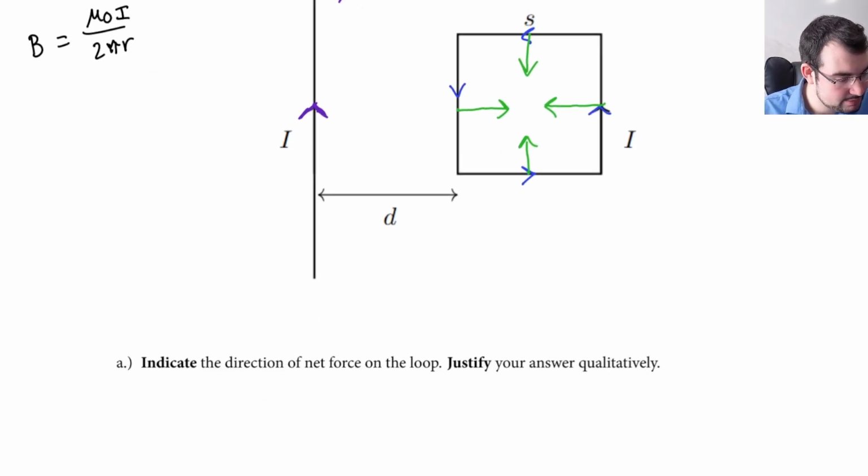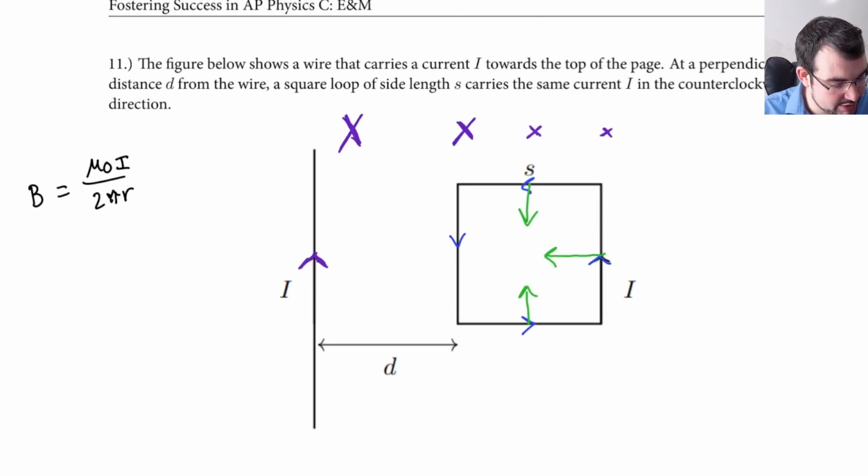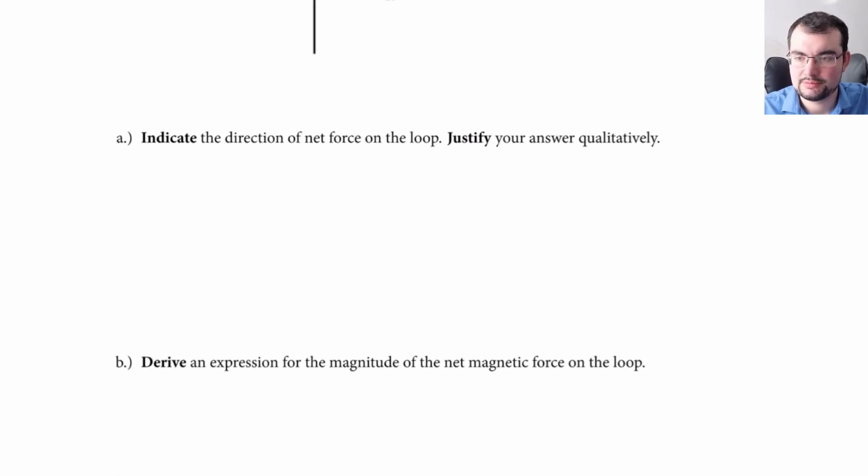So we actually know that the leftward force, this is the close side, is going to be the largest. Then the force on the far side will be the smallest. And then you'll get a medium, equal and opposite cancellation top and bottom. So what's the direction?